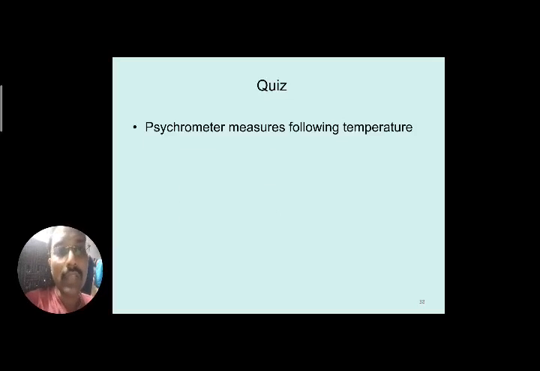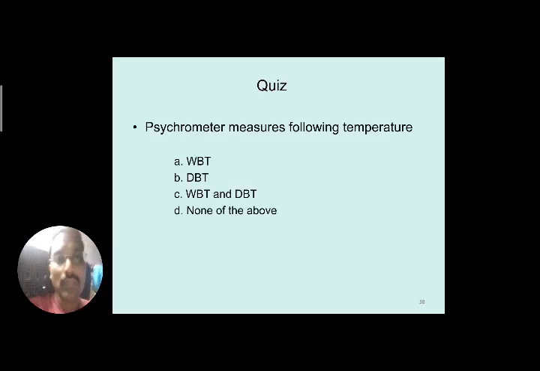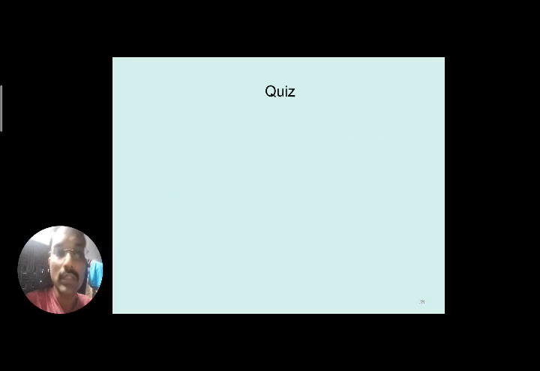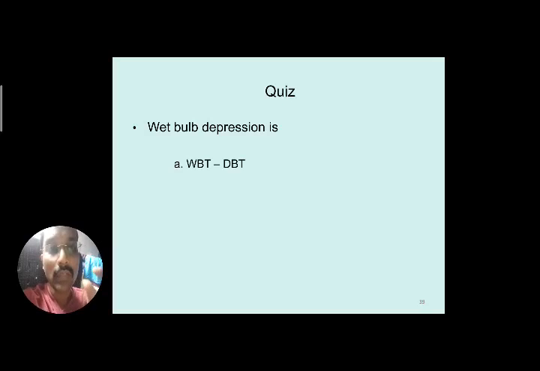The next question: the psychrometer measures the following temperature. Very simple, using both the different thermometers in different arrangements, wet bulb and dry bulb temperatures can both be measured simultaneously using the psychrometer. Next, wet bulb depression. I used this term during the discussion regarding wet bulb and dry bulb temperature.